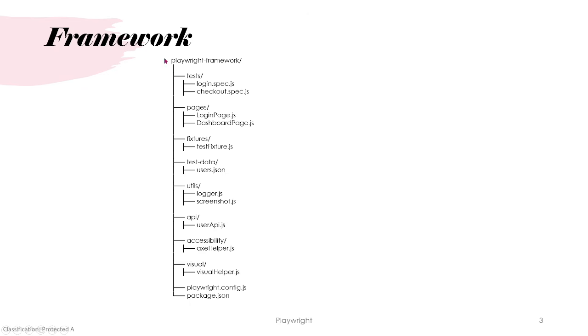Framework. First, create a project. This is a project folder. Under the project folder, create subfolders: tests, pages, fixtures, test data, utilities, API, accessibility, visual. Under the tests subfolder, create the login file and the checkout file.